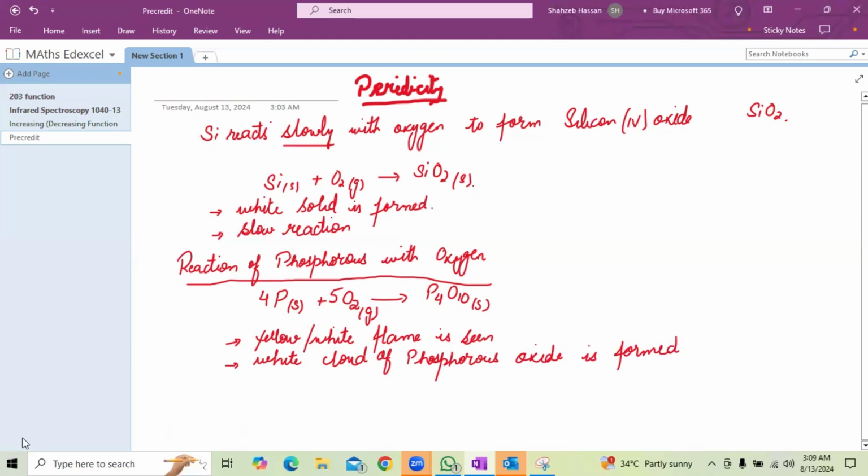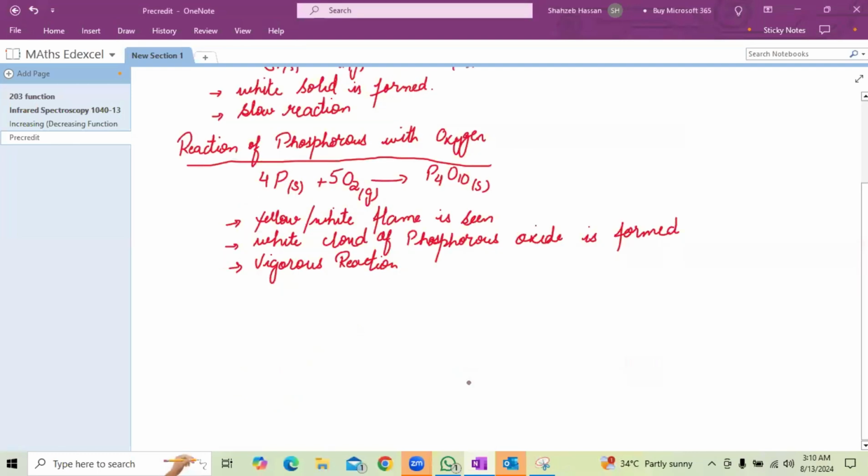And then the reaction would be vigorous. This reaction is vigorous. Okay. So a vigorous reaction has taken place.